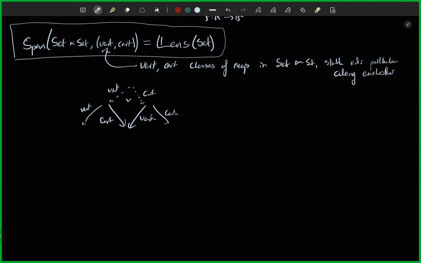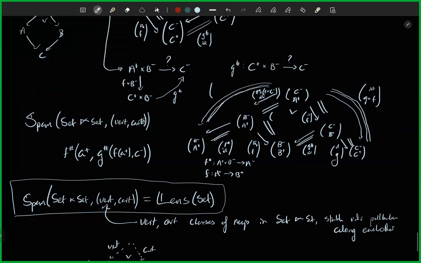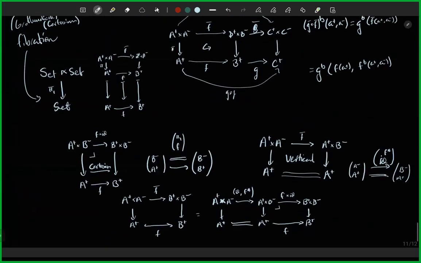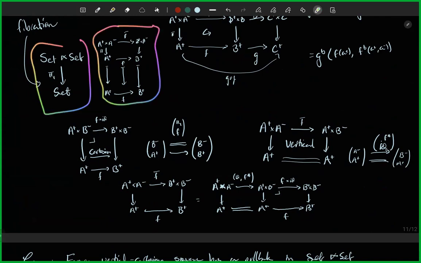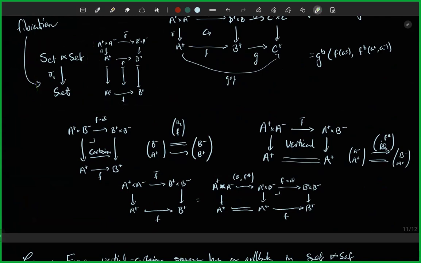So we only need some category with this notion of vertical and Cartesian. And that notion of vertical and Cartesian was defined relative, if we go back up, to the projection from set times set to set. Because vertical meant that when that functor up here, which projected a square onto its bottom, its codomain, you get the identity.